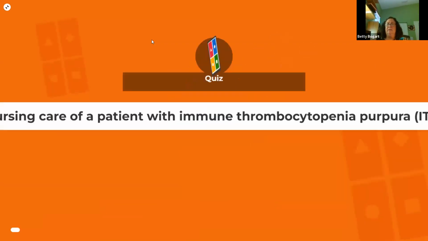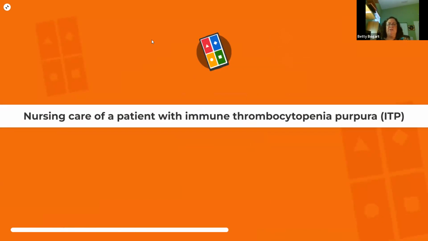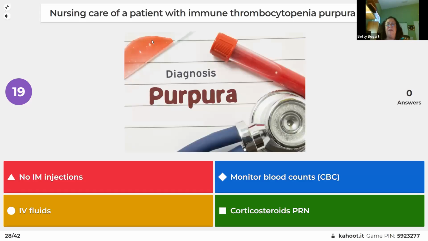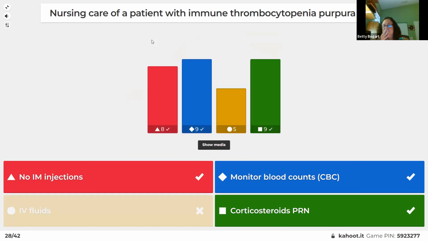A multi-select. Nursing care of a patient with immune thrombocytopenic purpura, ITP. Nursing care. Okay, no IV fluids, okay?